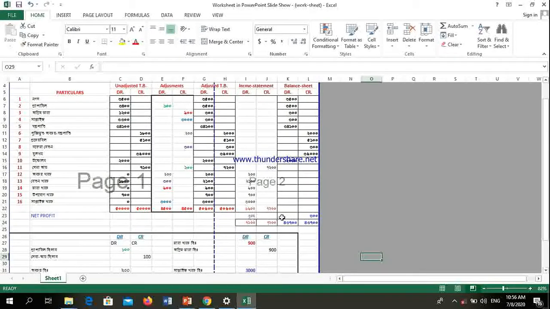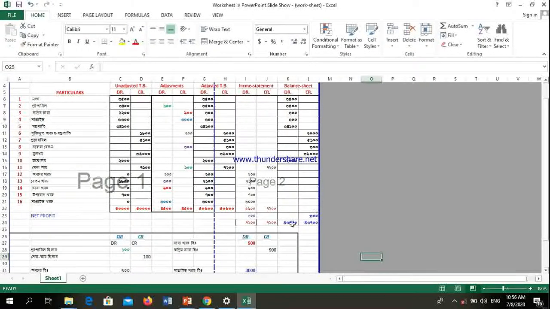That means it will be the reverse between the balance sheet and income statement. As it is debit, it will go to the credit side of the balance sheet. If it rises on the credit side, it certainly will go to the debit side of the balance sheet.